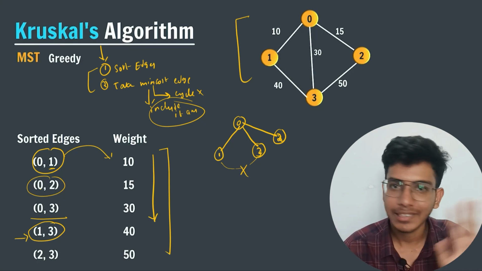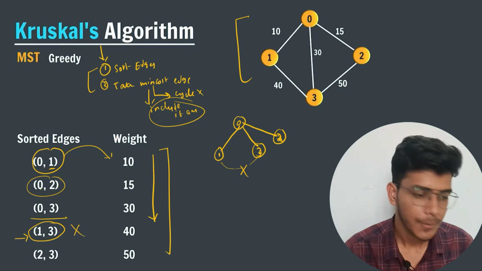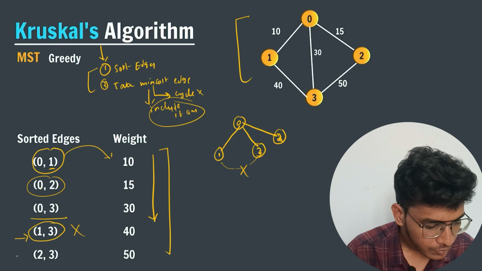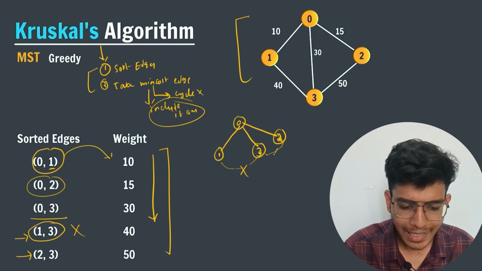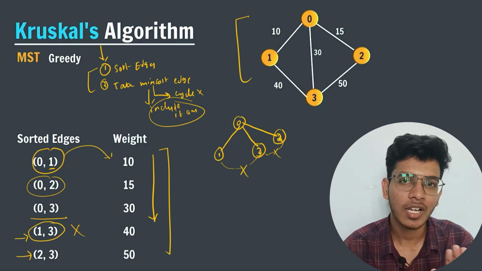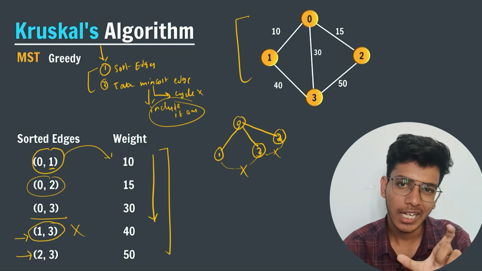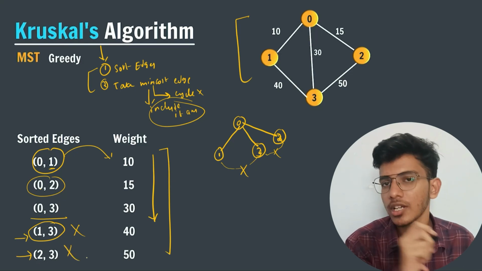So I will remove this and not consider it in my MST. Now I will come here and 2 is connecting with 3. Again it is forming a cycle. The same, if it is forming a cycle, then I will not consider that edge into my MST. So I will also reject this.